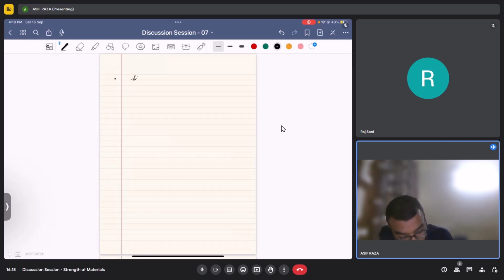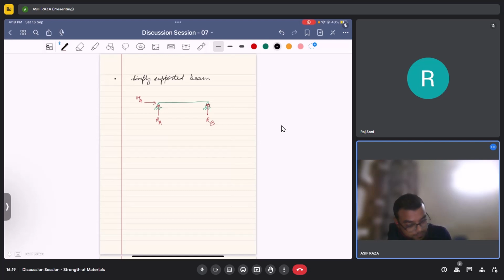The first one is the simply supported beam. Normally it's like this, and the reactions in this case are RA, RB, and one horizontal reaction HA.